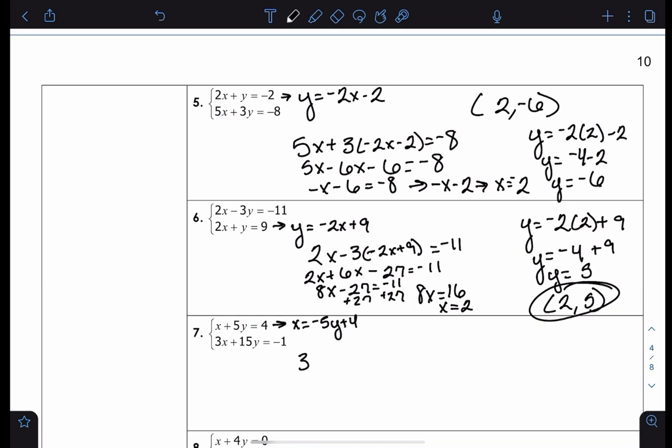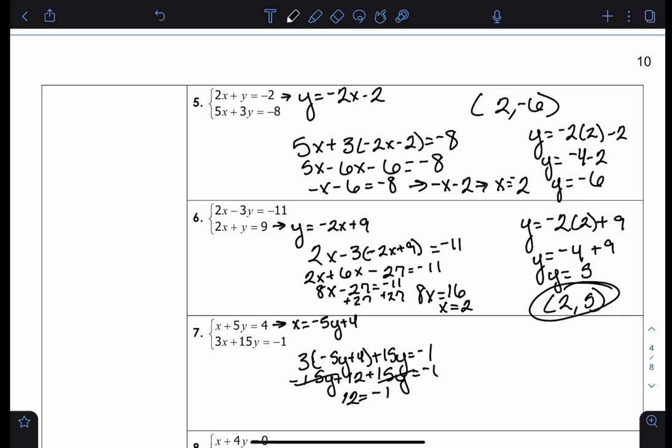So we're going to do 3 times (negative 5y plus 4) plus 15y equals negative 1. Simplifying everything out, we're going to have negative 15y plus 15y cancel out, and leave us with 12 equals negative 1.